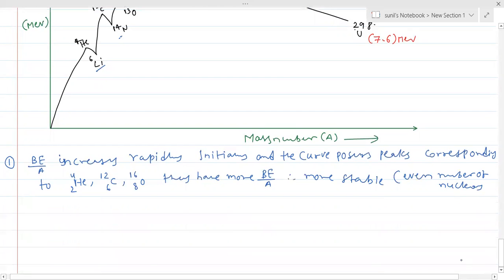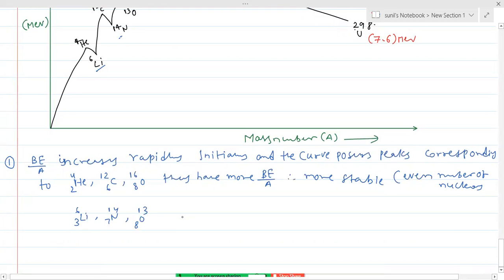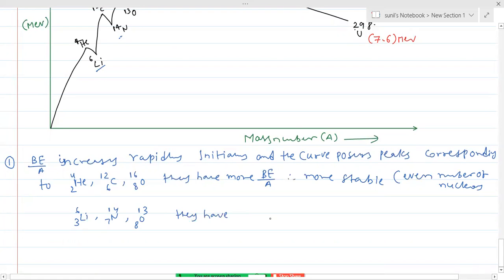But from the graph, if we observe, suppose we take 3 lithium-6 as well as 7 nitrogen-14 and 8 oxygen-13. They have less binding energy per nucleon because they are at the bottom, in the valleys. You can see the 3 lithium-6 position, 7 nitrogen-14 and oxygen-13 at the bottom of those valleys.